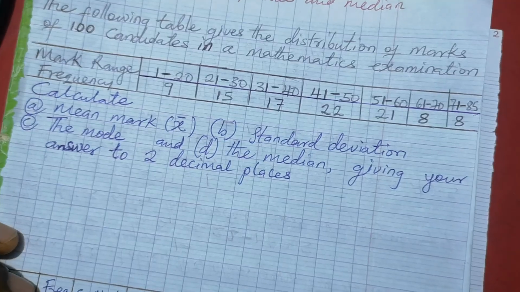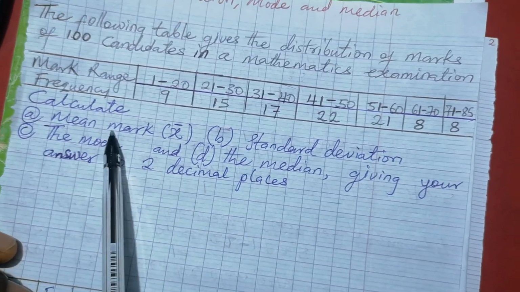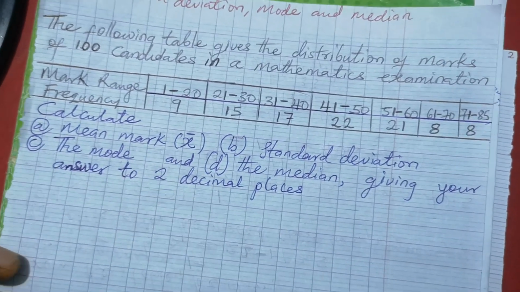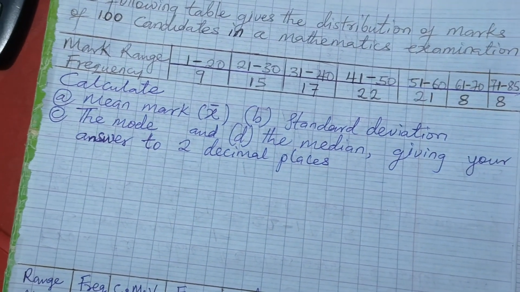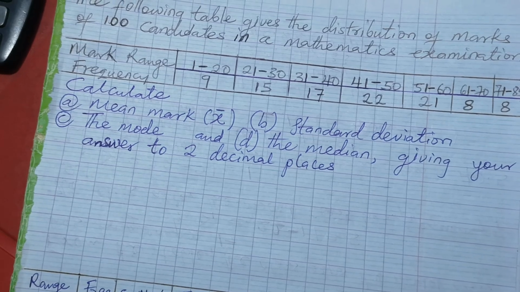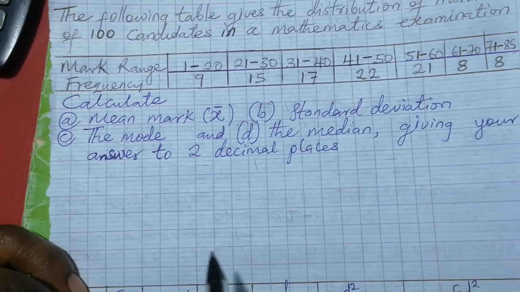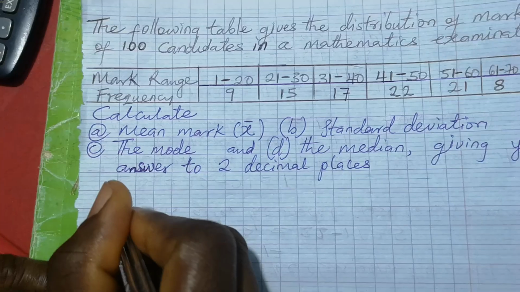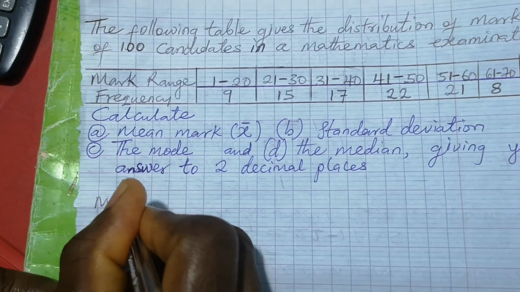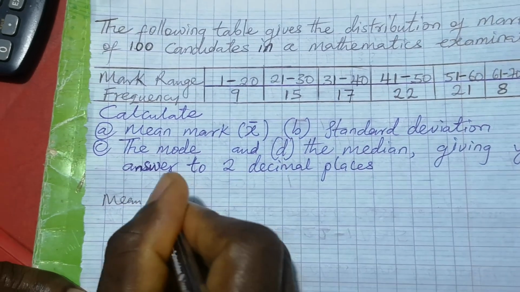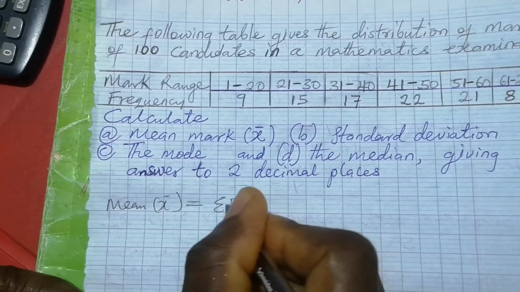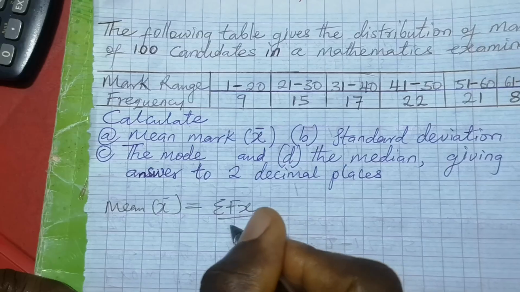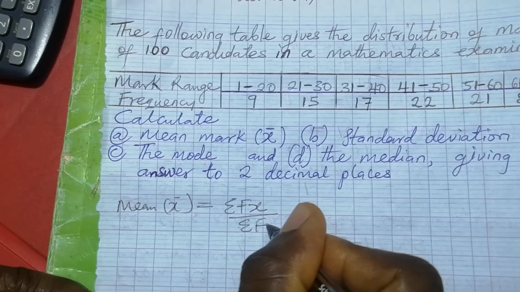Okay, now the first one we have here is the mean mark. Since this is grouped data, we'll first of all write down the formula for finding the mean. So mean, which is x bar, is equal to sigma fx all over sigma f.